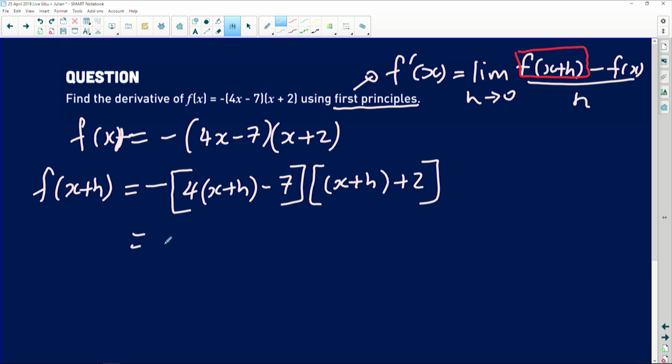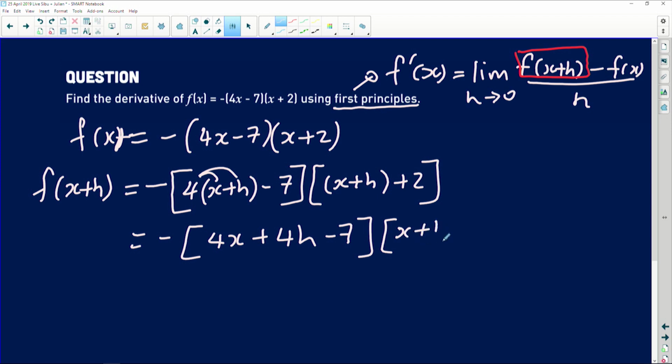Let's try and simplify this. It's going to be negative. Now, if you work with what is inside the bracket, you will basically sit with 4x, and when you multiply 4 and h, it's going to give you 4h minus 7, close brackets, into. Now, on the second bracket, I already have x plus h plus 2, which is basically going to be x plus h plus 2.